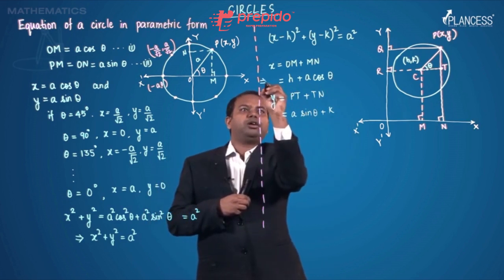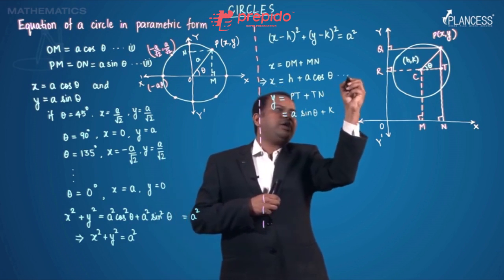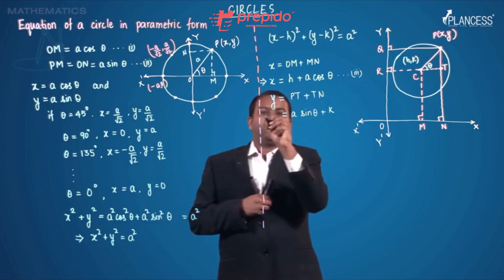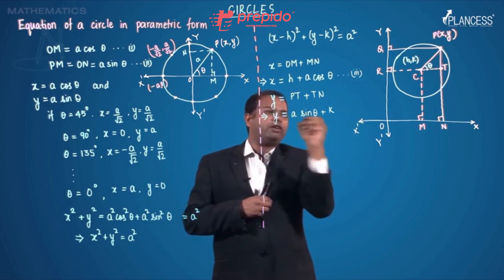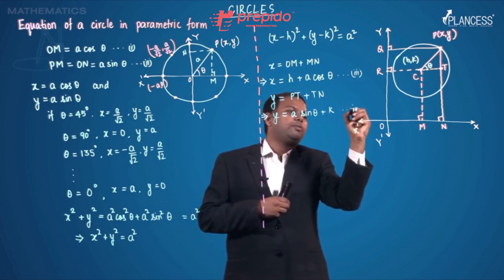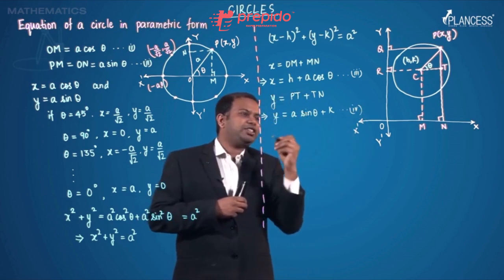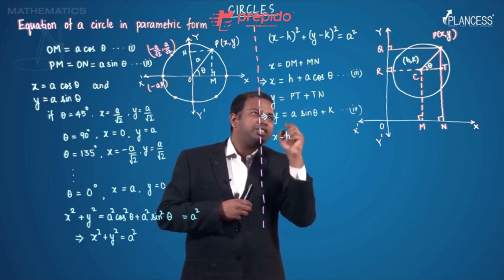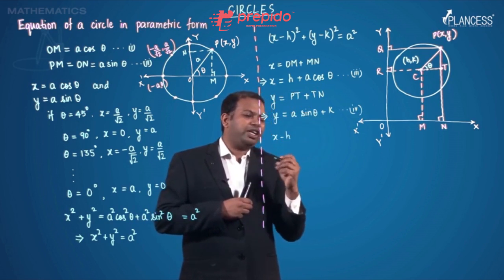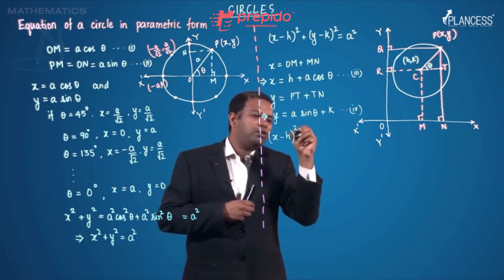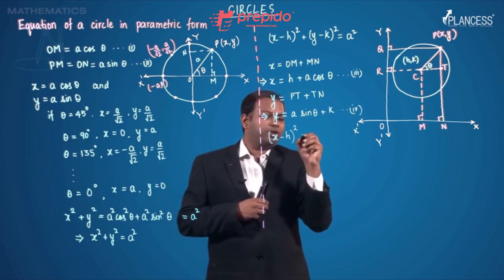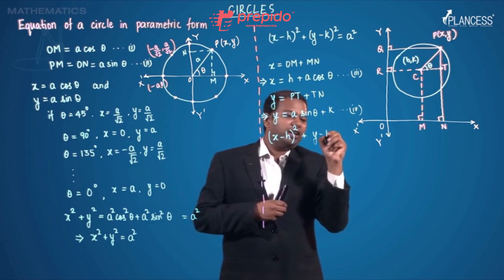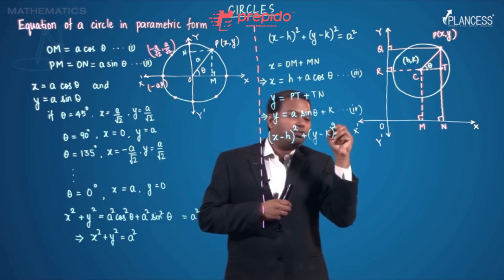So here let me number these equations. Let us say this is our equation 3 and this is our equation number 4. If we simply rearrange, we can write x minus h is equal to a cos theta, which we will square, and similarly from equation number 4 we will take k to the left hand side, we get y minus k, and we'll square on both sides.